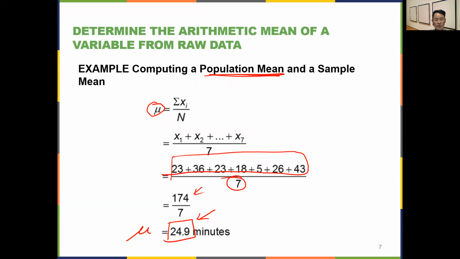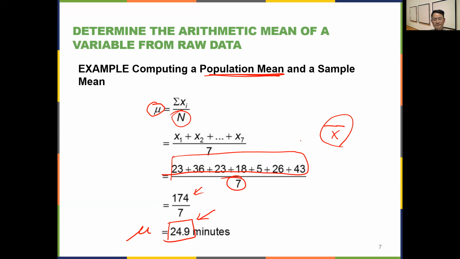Mu, right? That's the symbol for population mean. If this was sample data, would anything be different? Not really, except the final answer is going to be x bar, the symbol for sample mean, and we would have used a lowercase n here.